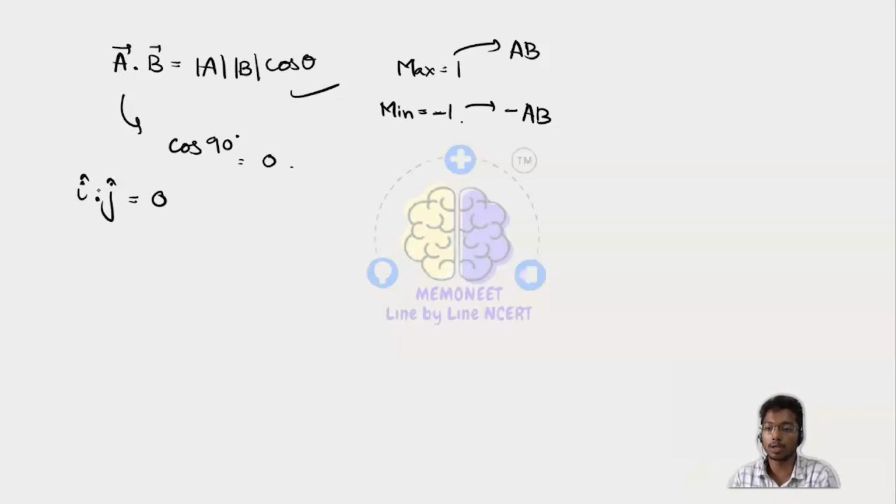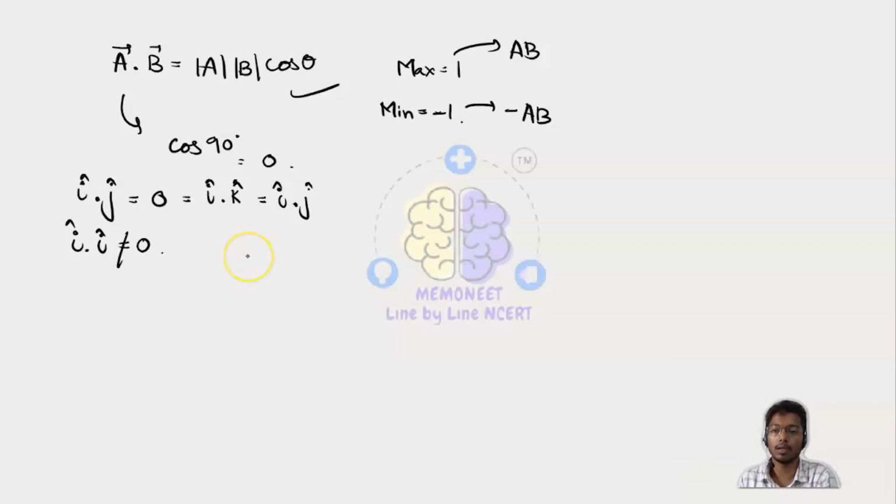Then i cap dot k cap, or j cap dot k cap, is also 0. But i cap dot i cap will not be equal to 0, because cos 0 is 1.